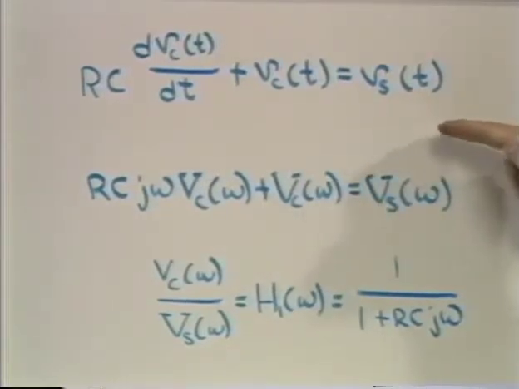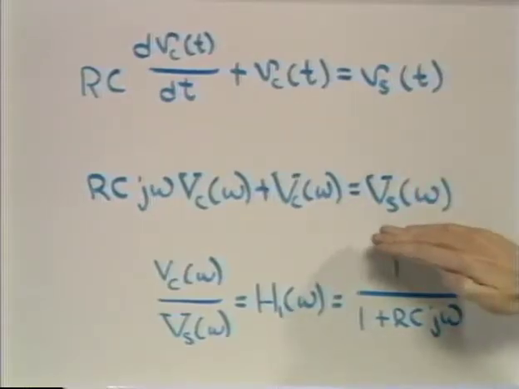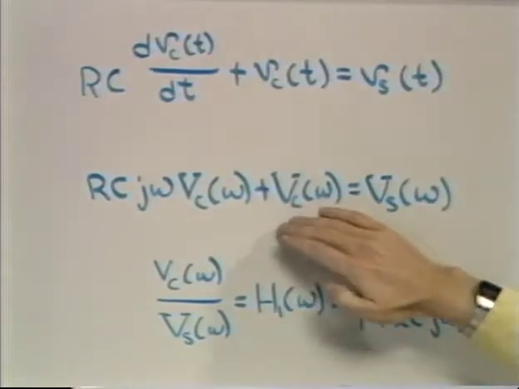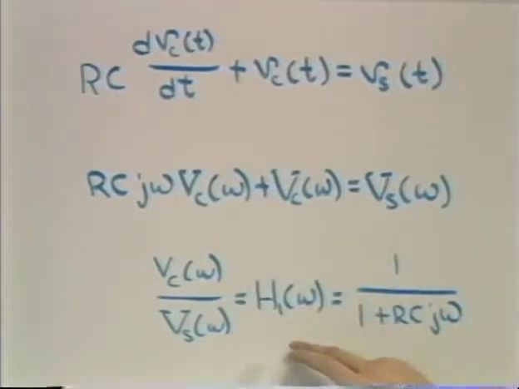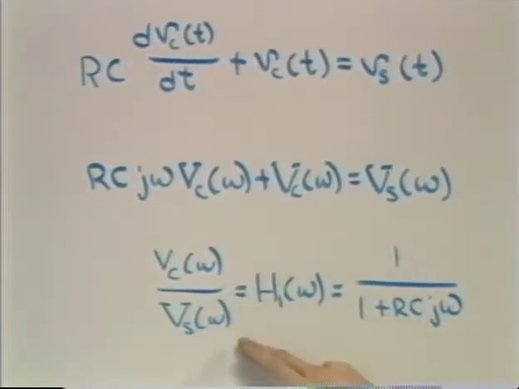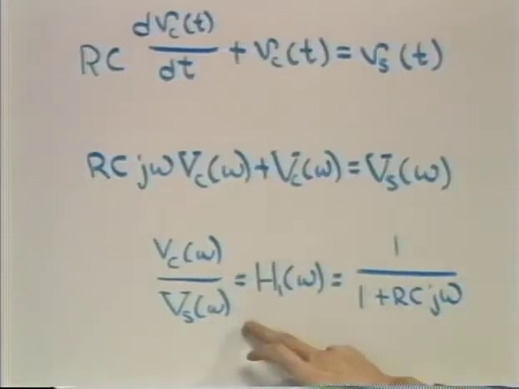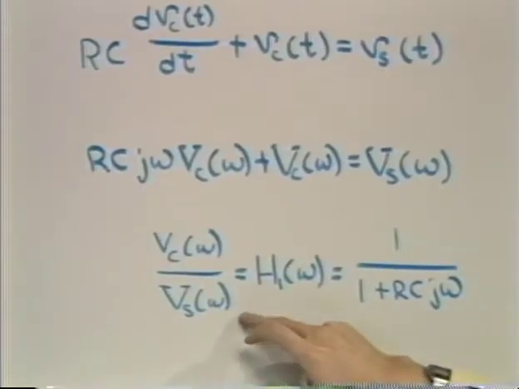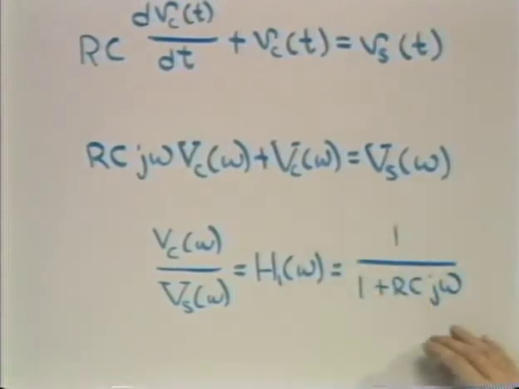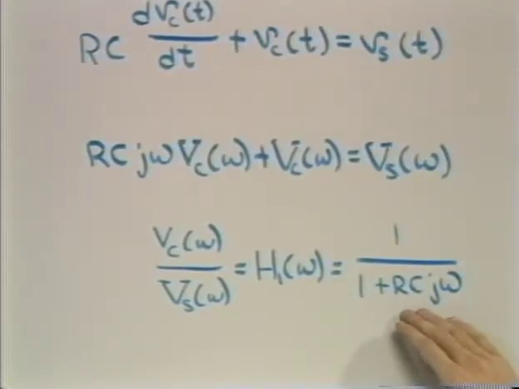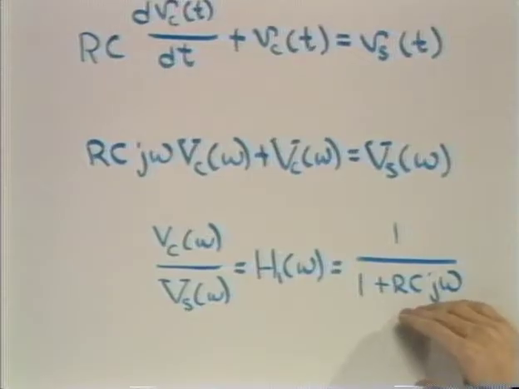And so just working our way down, applying the Fourier transform to the differential equation, and generating the system function by taking the ratio of the capacitor voltage, or its Fourier transform, to the Fourier transform of the source, we then have the system function associated with the system for which the output is the capacitor voltage.